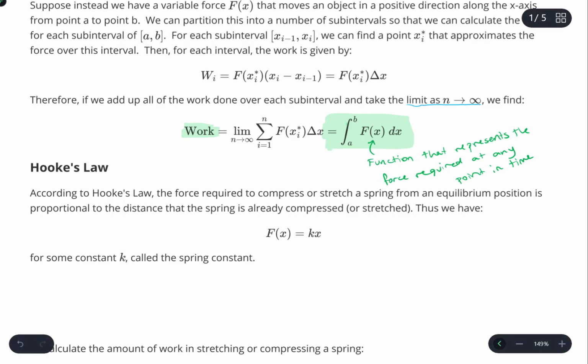So therefore, the force required to stretch a spring is some spring constant k times x, the distance that it's already been stretched. And thus, as you continue to stretch it out, it gets harder and harder to stretch it even further. So the force increases with more distance.